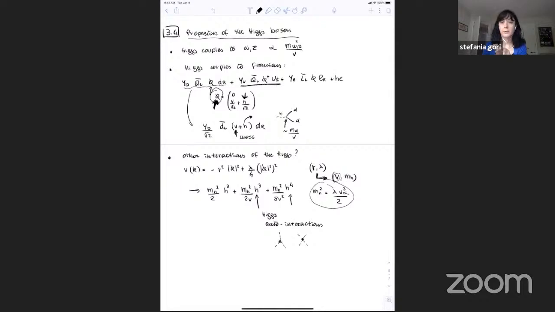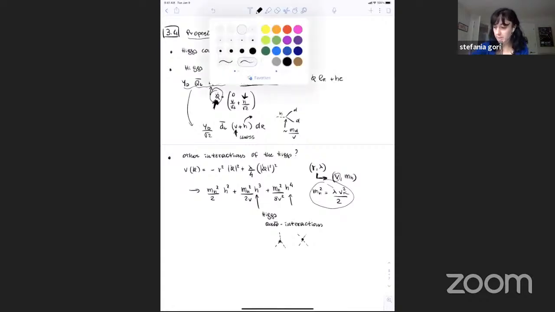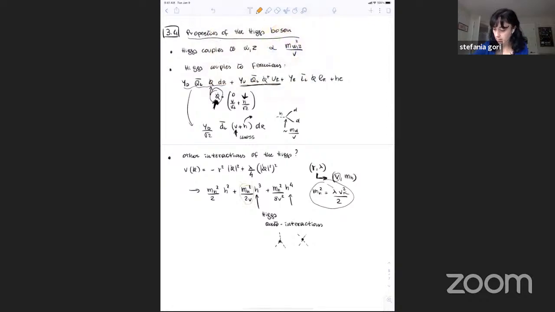And then what we see is that this type of potential, the scalar potential of the standard model, is highly predictive, because we know these coefficients as soon as we measure the mass of the Higgs and the vacuum expectation value, at least indirectly through the measurement of the gauge boson masses.